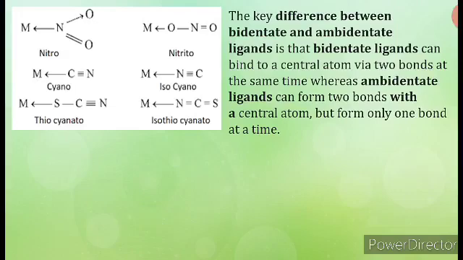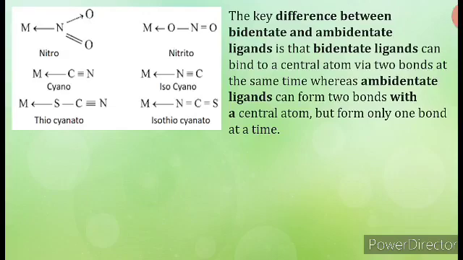It can also generate two bonds, but it will not form them. It will bind through one donor atom at a time with the central metal atom. So this is the difference between the bidentate ligand and ambidentate ligand.